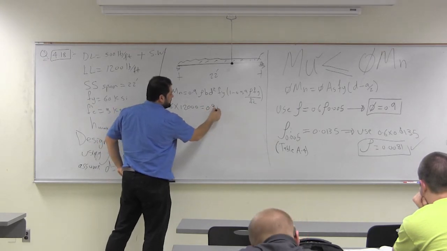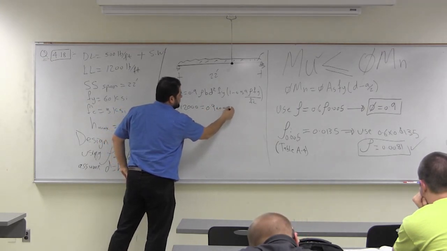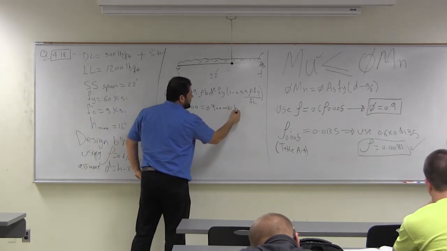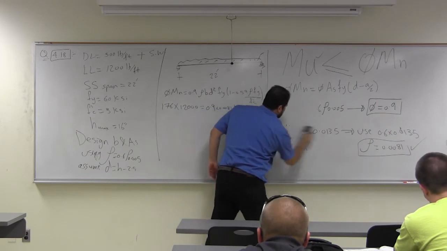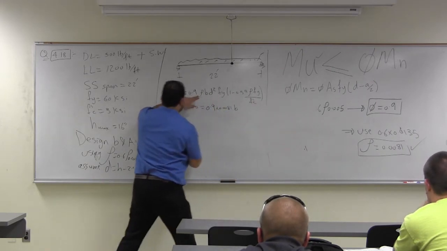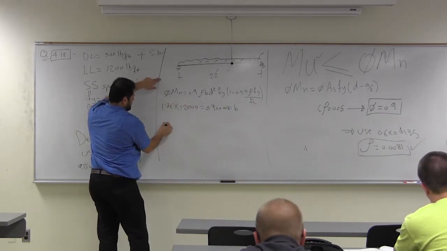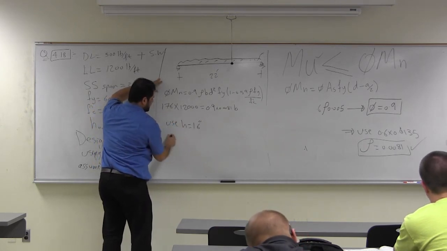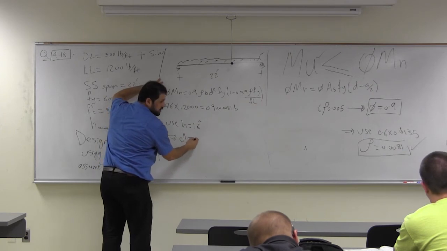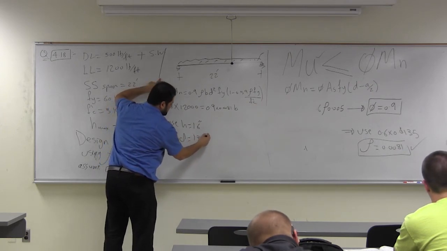What's rho? 0.0081. What's b? We want that. What's d? Here. Use h equals 16 inch. It means d equal 13.5.